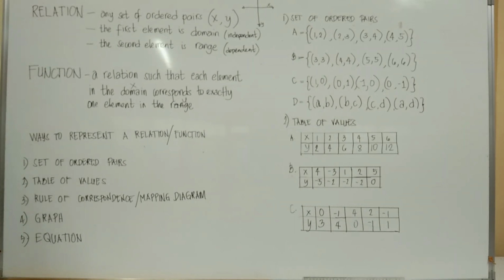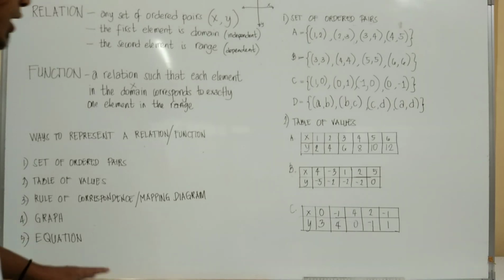Let us proceed to ways to represent a relation or a function. We have at least five on the board: the set of ordered pairs, table of values, rule of correspondence or mapping diagram, your graph, and last, your equation.